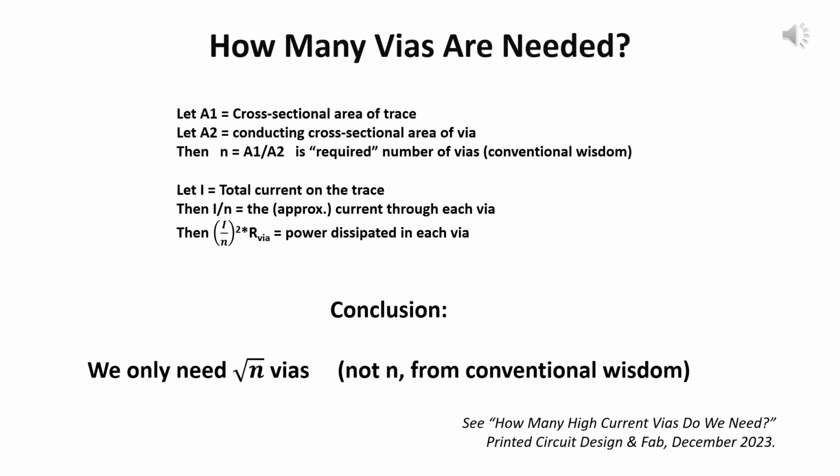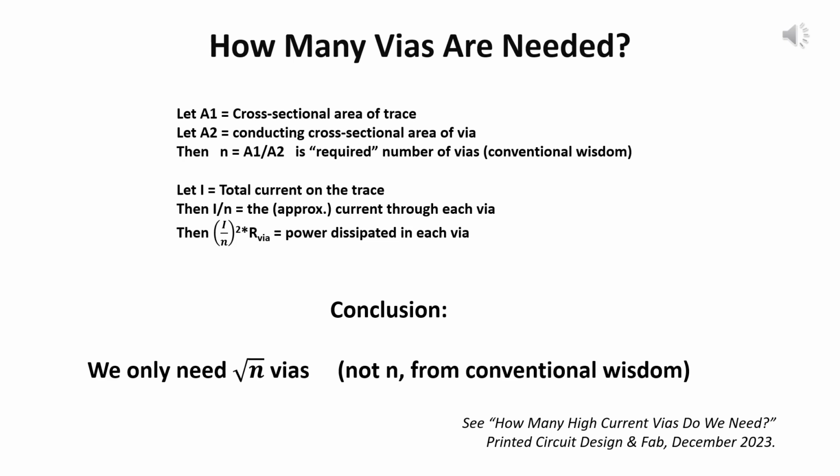An important question is, how many vias do we need? The conventional wisdom says the number can be found by dividing the cross-sectional area of the trace by the conducting cross-sectional area of the via, and we get a quotient equal to n. The problem with that is that the current is going to split roughly equally between those n vias, and the power going through any particular via is (I/n)² times the resistance of the via.